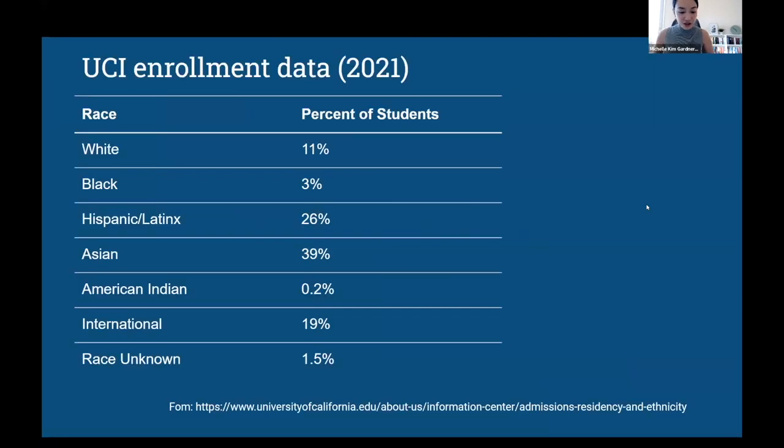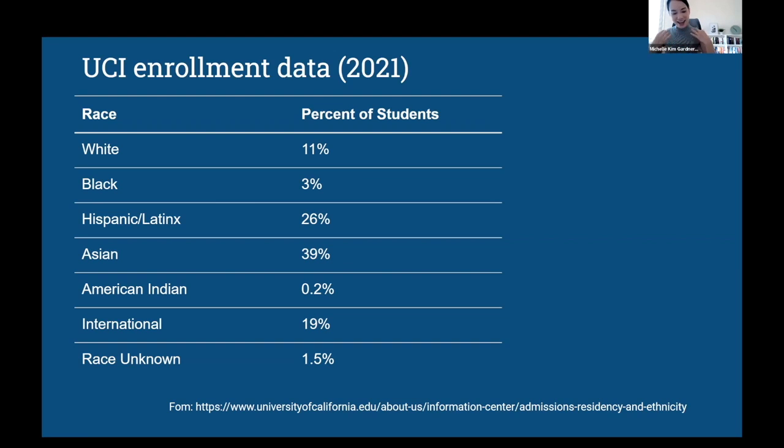Okay, so here are some numbers for our most recent year, 2021. As you can see, UCI is clocking in with a majority non-white population, only 11% of students being white, although abysmal with a 3% Black student population.